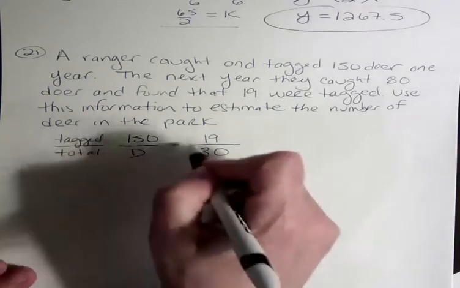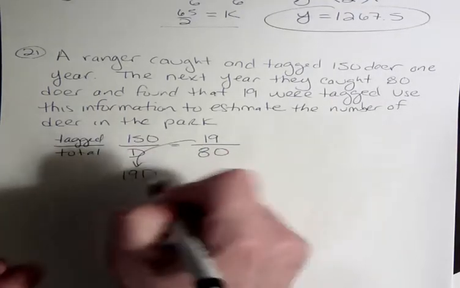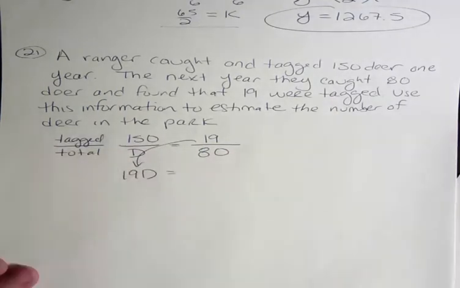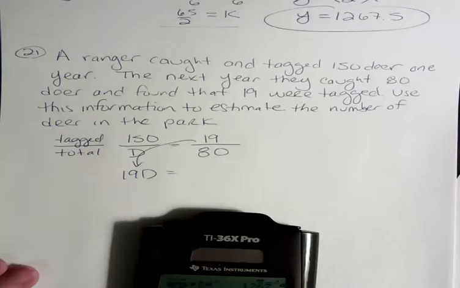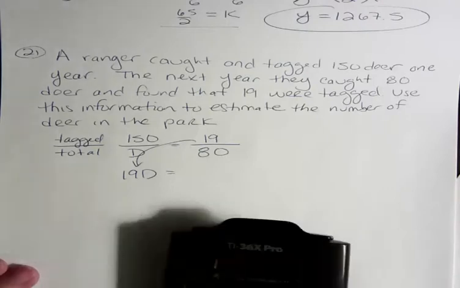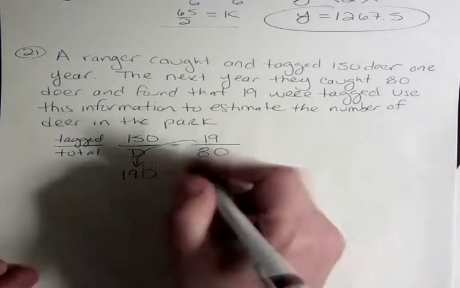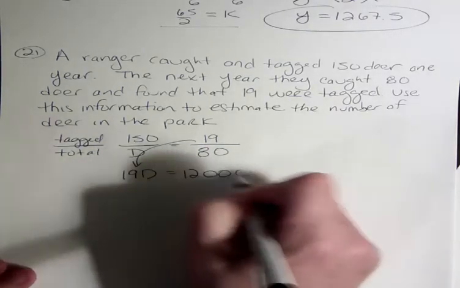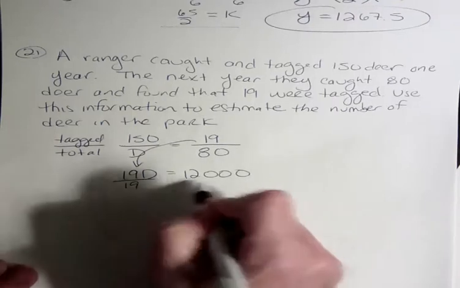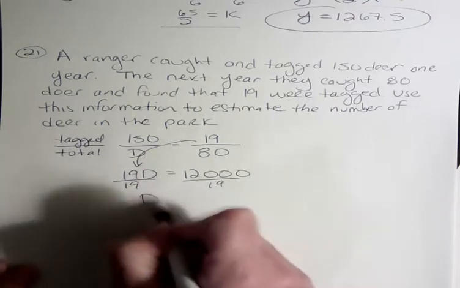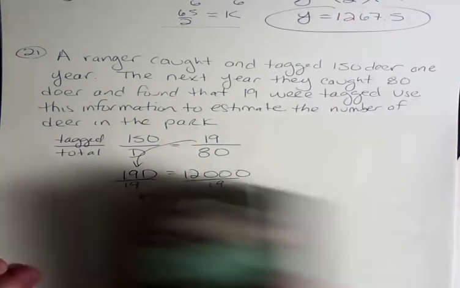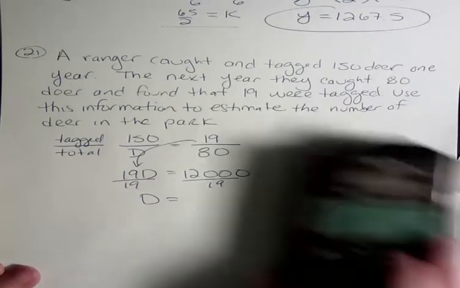So if we cross multiply, what is that, 150 times 80, 12,000. I was thinking 1200, way off, the magnitude error there. And then divide both sides by 19, which is our coefficient there.